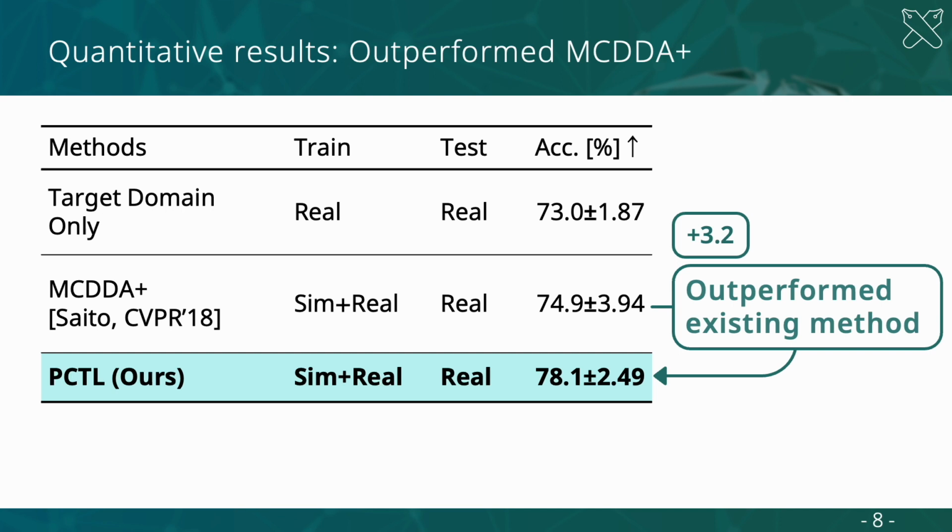Furthermore, the second row shows the result of an existing domain transfer method. MCDDA Plus represents a minor fixed version of MCDDA. We adapted MCDDA to our supervised domain transfer setting. This method achieved an accuracy of 74.9%. Therefore, PCTL also outperformed this method by approximately 3 points in accuracy.